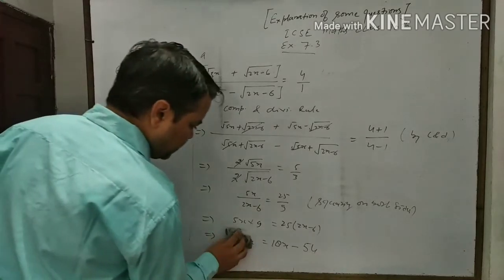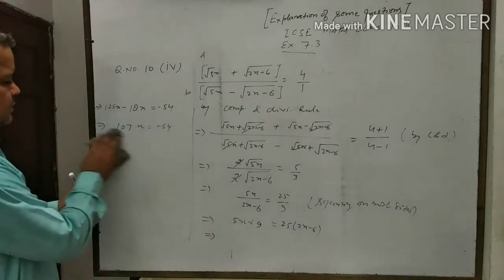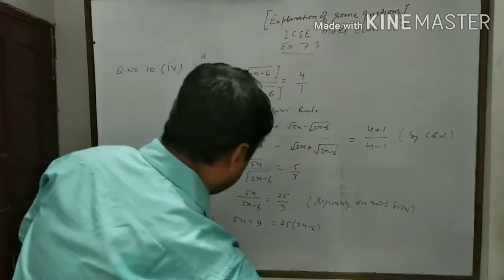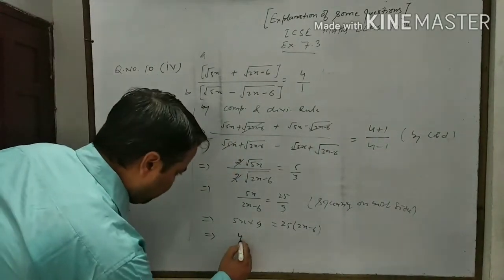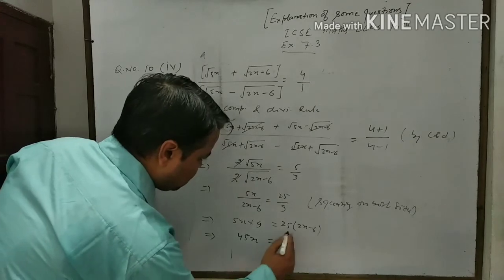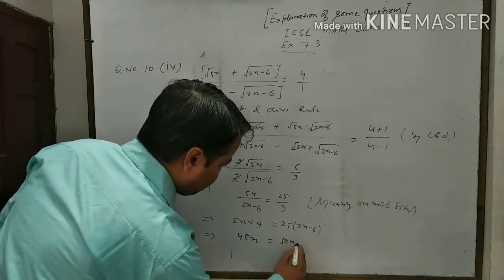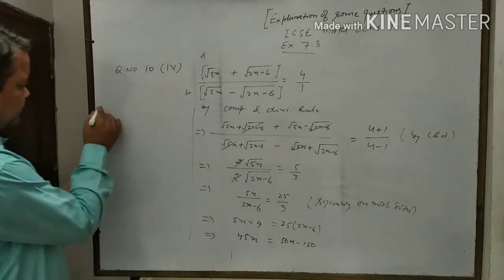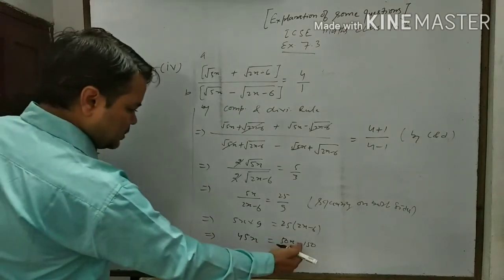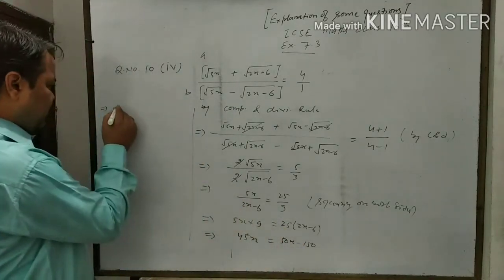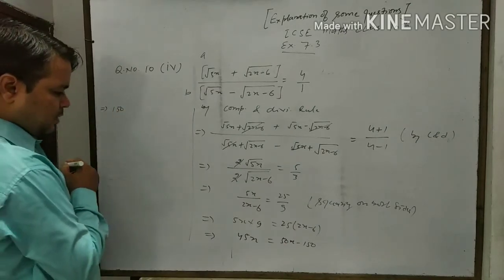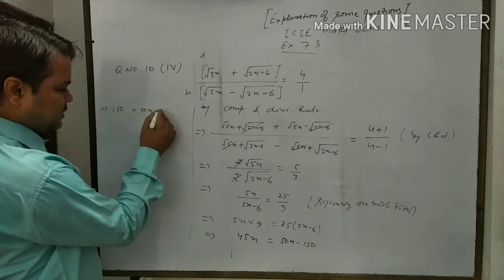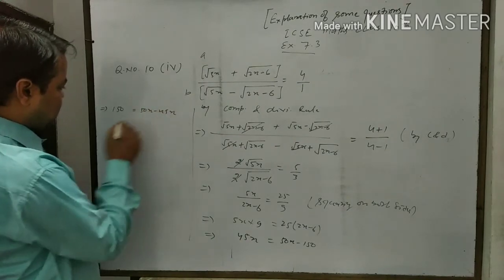Now let us proceed to the next step. What is the next step? That is 45x is equal to 50x minus 150. Then transfer this to this side, it will be 150 equal to 50x minus 45x.